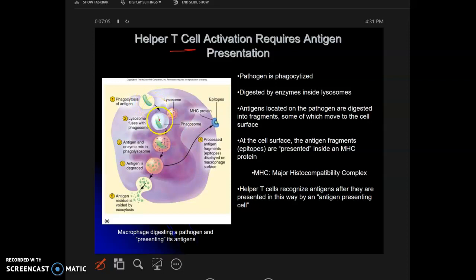Once it engulfs, swallows and destroys a foreign body because of the lysosome, then it will digest it and separate the self from the non-self molecule. All right. The self molecules are not of interest, but the non-self unique molecules that were found in the foreign body are presented on the macrophage at certain sites.